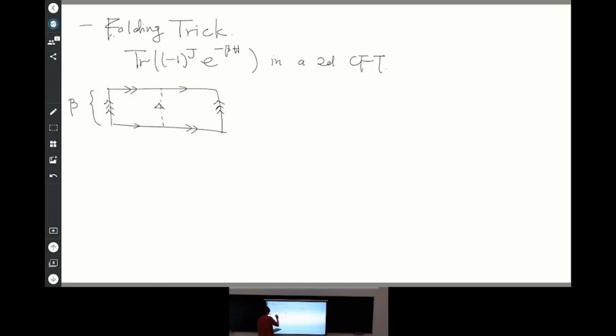Let me label this one by this arrow. What I want to do now is to cut this torus into two pieces in the middle and interpret the original CFT as two copies of CFT living on a half torus.